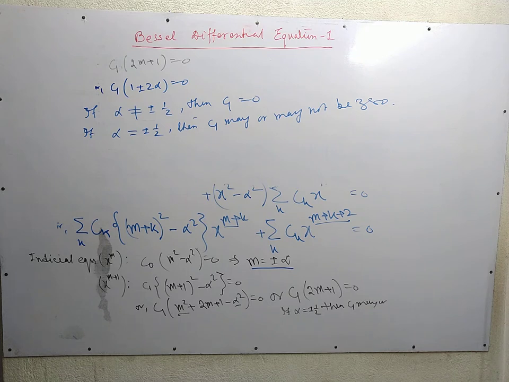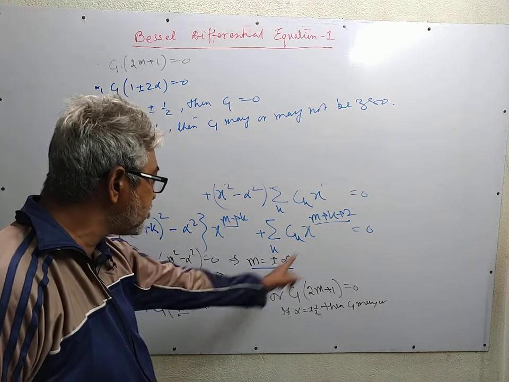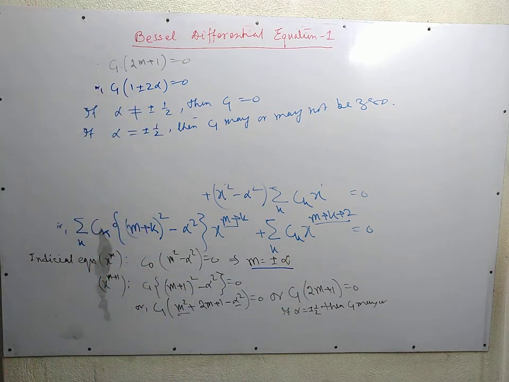Now there is another theorem due to Frobenius and Fuchs, which says that when the roots of the indicial equation differ by an integer, then it is guaranteed that the higher root will give you a solution and the lower root may or may not give you a solution. That means if alpha is a positive quantity, then m equal to plus alpha will definitely give you a solution.